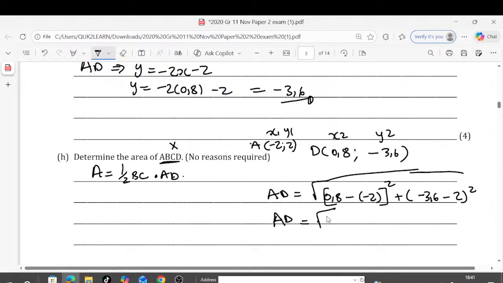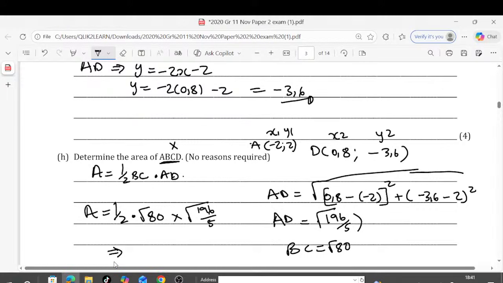the root of the fraction 196 over 5, and then we know that BC is equal to root 80, so I can just equate everything and say this is 1 over 2 multiplied by the root of 80 multiplied by the root of 196 over 5. Okay, we just have to punch this on the calculator and see what we get.